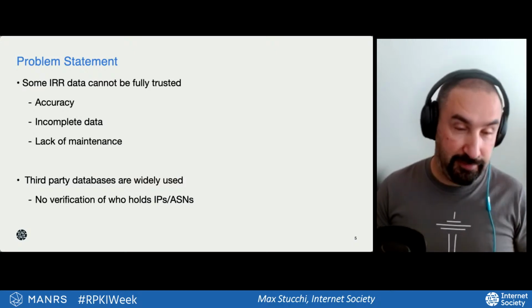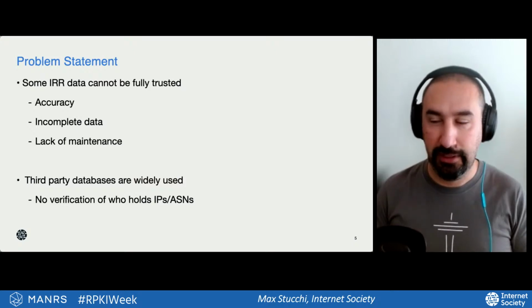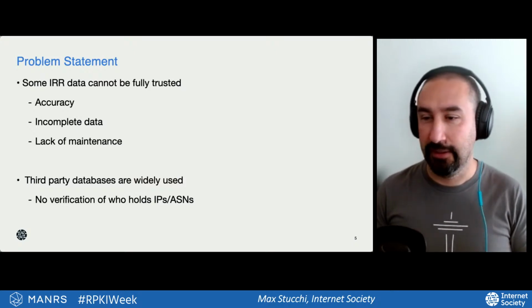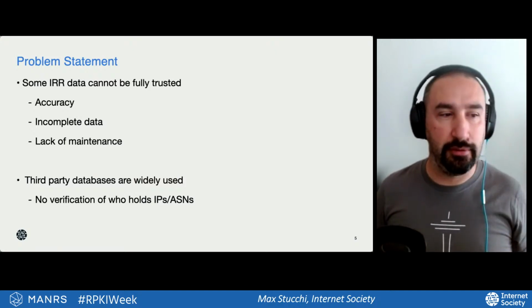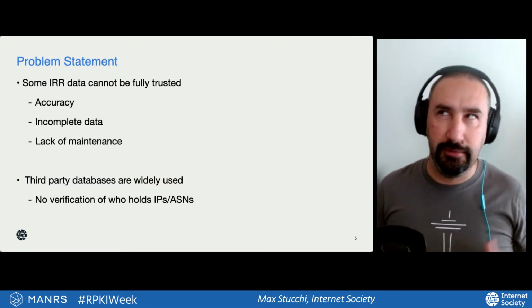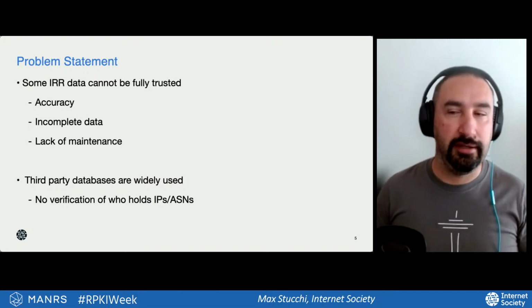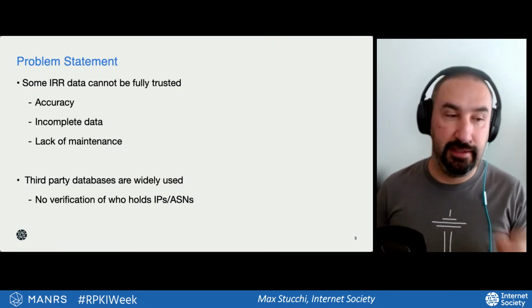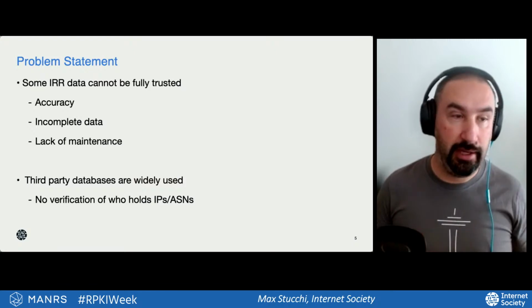And when I was developing that software, when I was writing it, I was discussing with another colleague, Amrish, who was on the call yesterday as well. I was asking him, okay, can we come up with a small country where I can check if the data I see in the IRR from the whole country is okay?